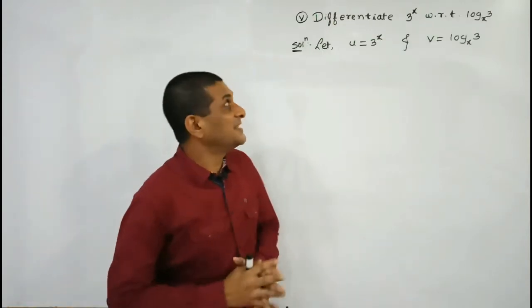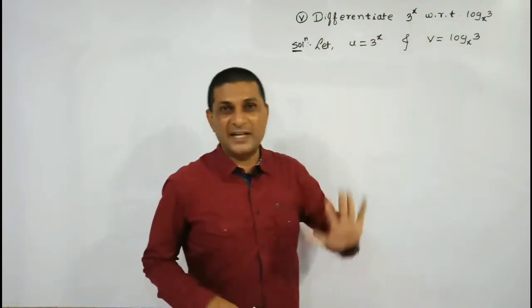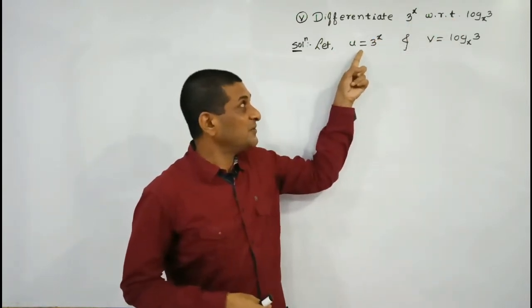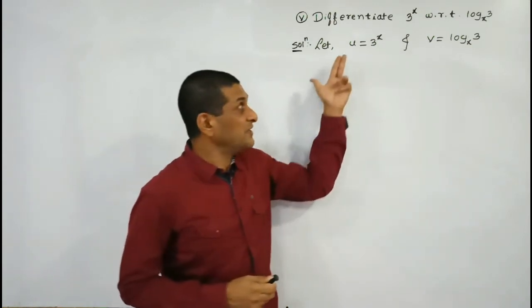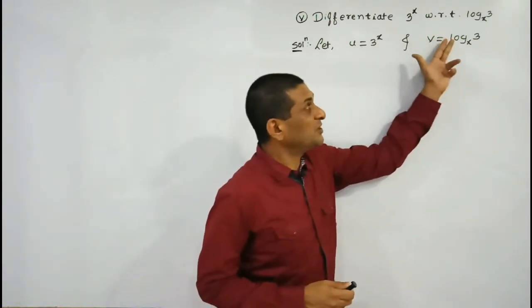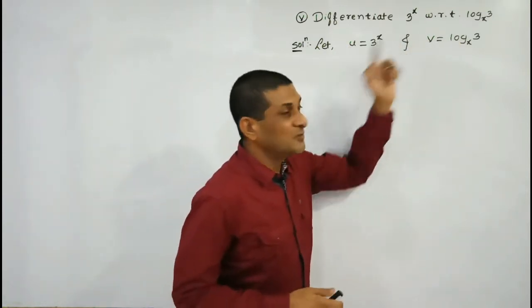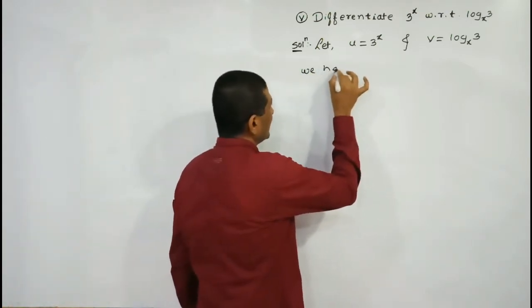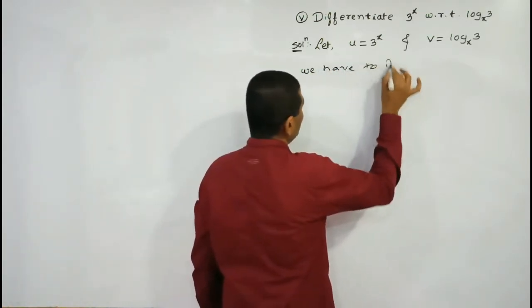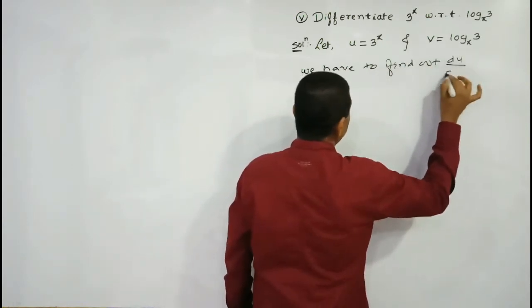Now see, in example number 5th also we have to differentiate the first function with respect to another function. So we have denoted the first function by u and the second function by v, and we have to find the derivative of u with respect to v, that is du by dv.